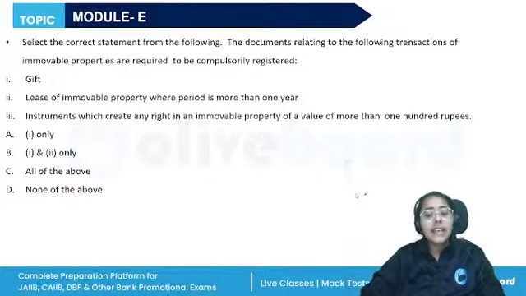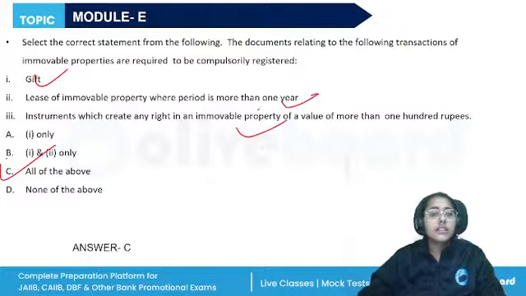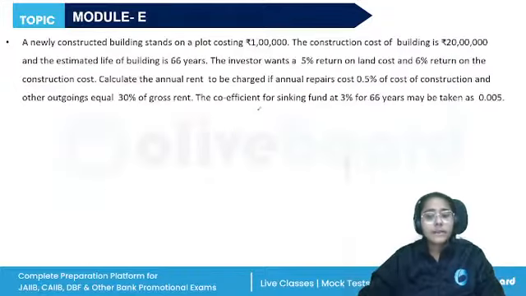Instruments which create any right in an immovable property of a value of more than 100 rupees. So A only, A and B, all of the above or none of the above. So the correct answer will be C, all of the above. All of these require registration, whether it is a gift or a lease of immovable property or an instrument which creates any right. All right.